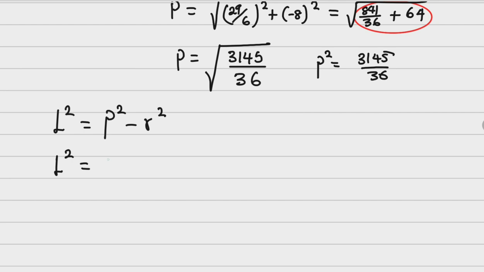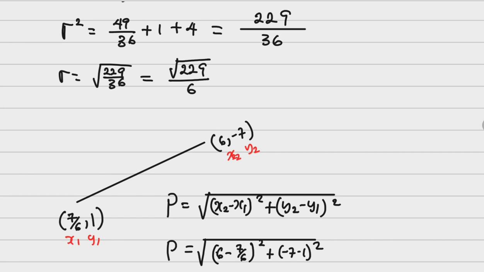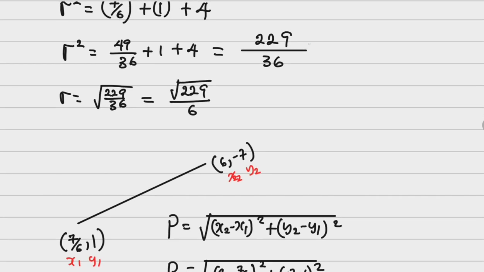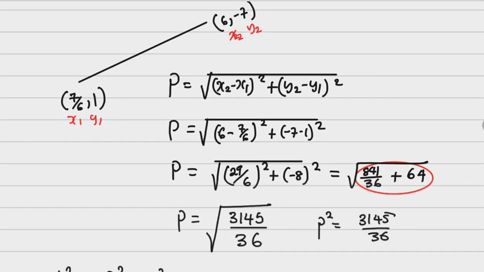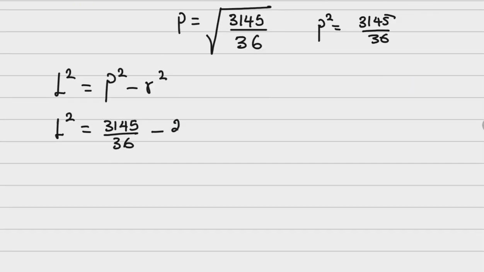So let's not forget, I have 3145 over 36. Okay, that is P squared. I don't have a problem with that. Then minus R squared, what did I get? Oh, good. My R squared is 229 over 36. So it's going to be minus 229 over 36.